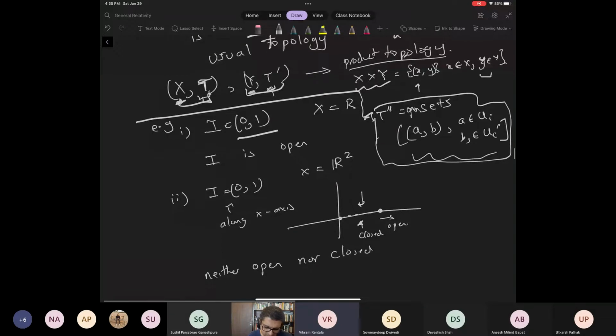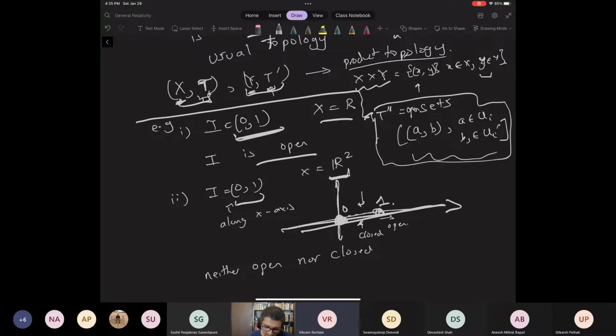So if you have an open interval I (0,1) on R, where you have the usual topology, then I is open. However, the same interval (0,1), if the base space is R square, which is the two-dimensional plane, then you see that in this plane, this is neither an open set nor a closed set, because if I come at it this way, this is closed, but if I come from this direction, this appears to be open.